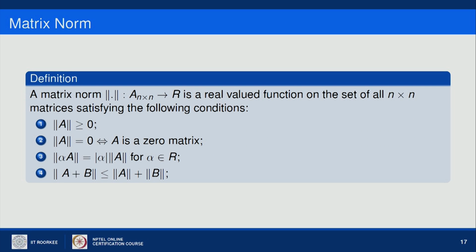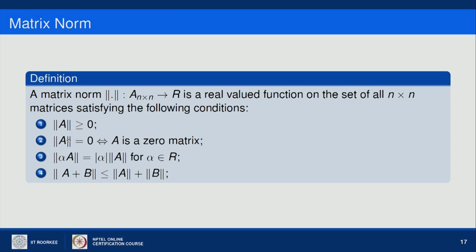A matrix norm is a real valued function which is defined on a set of, let us say, n by n matrices and satisfies the following conditions. Condition 1, the norm of a matrix will always be non-negative.